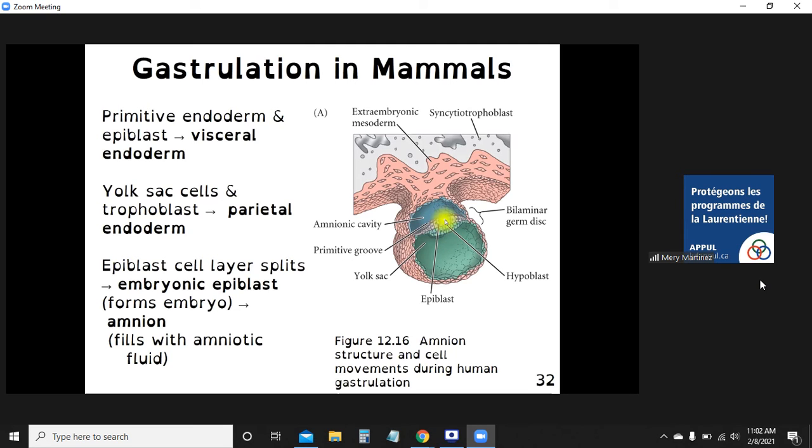This embryonic epiblast is believed to contain all of the cells which form the actual embryo, and thus is very similar to the avian epiblast, as we saw before.